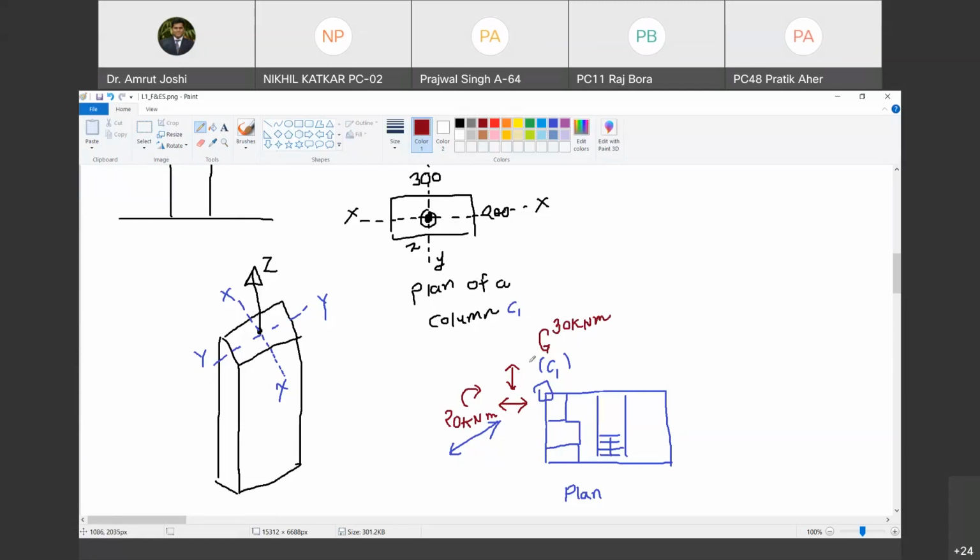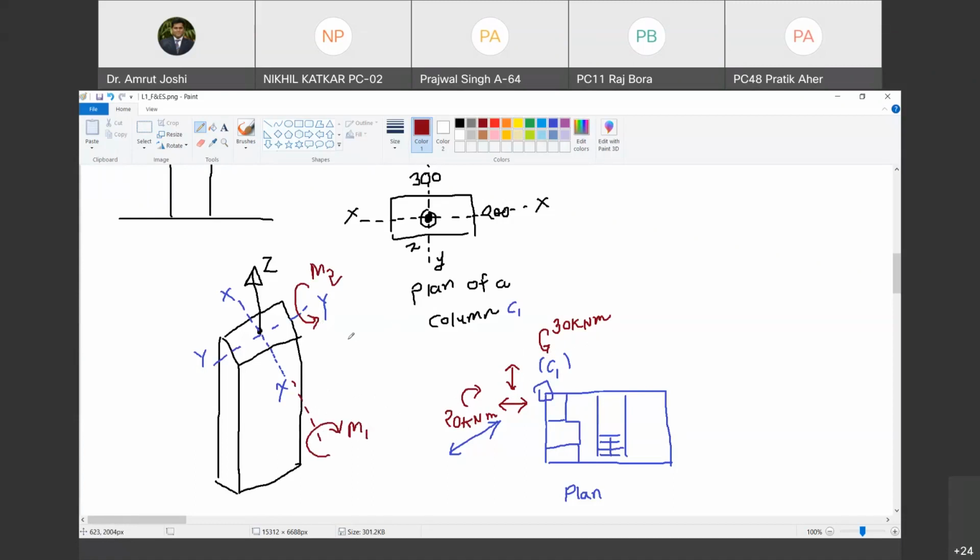देखो, earthquake की वजह से moment कैसे आ रहा है, तो imagine that the moment about one of these axes is m1 and the moment about this axis is m2. And in this particular case, I will say m1 is 20 kilonewton meter and let us say m2 is 30 kilonewton meter.